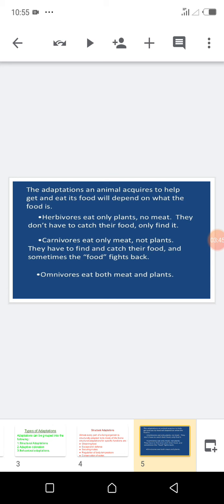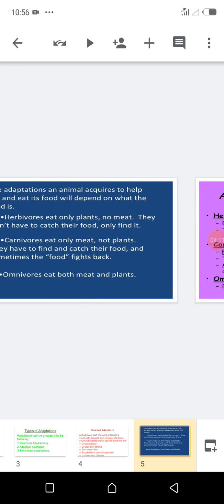If you see a herbivore, you would note the dentition. Herbivores don't have canines. They don't need to tear flesh, so they have more of molars and premolars. So looking at these external features, you should be able to determine if an organism is a herbivore, a carnivore, an omnivore. So now these features the organisms have help them to obtain food.